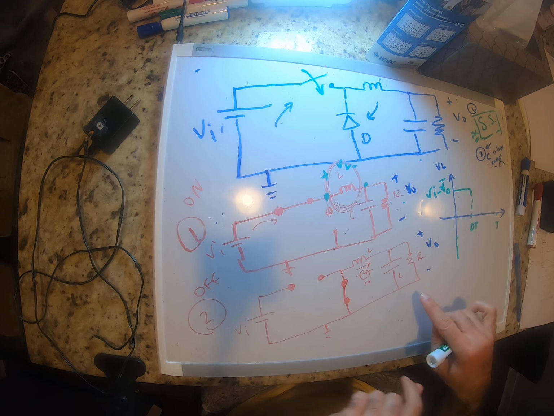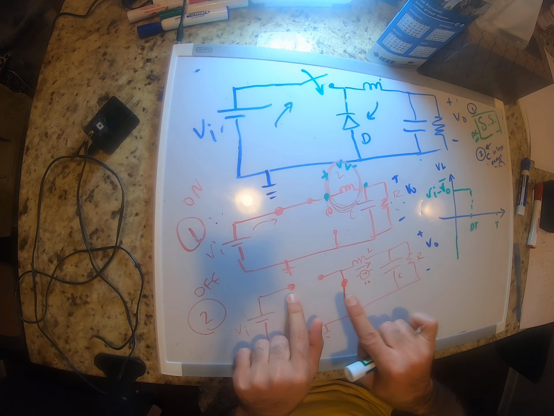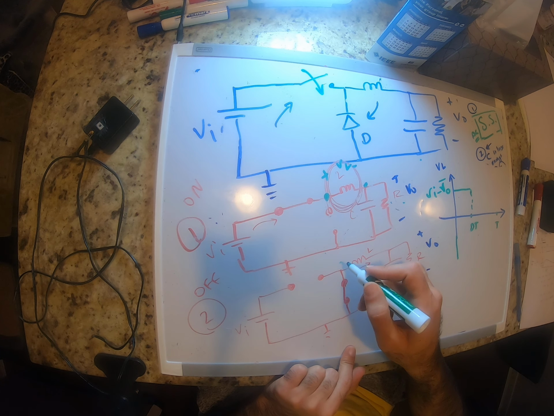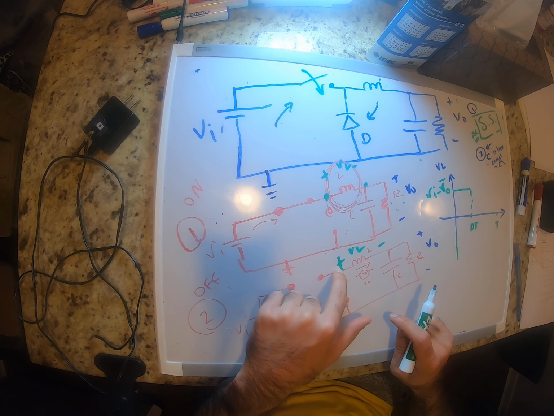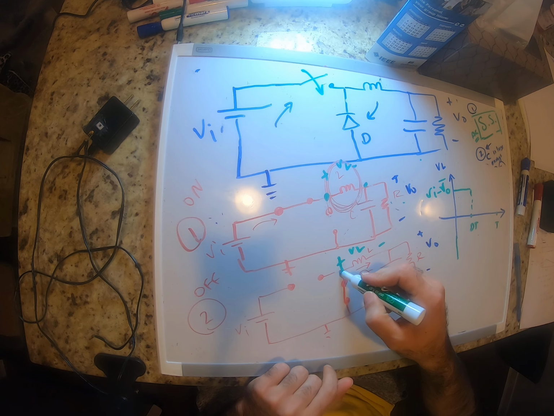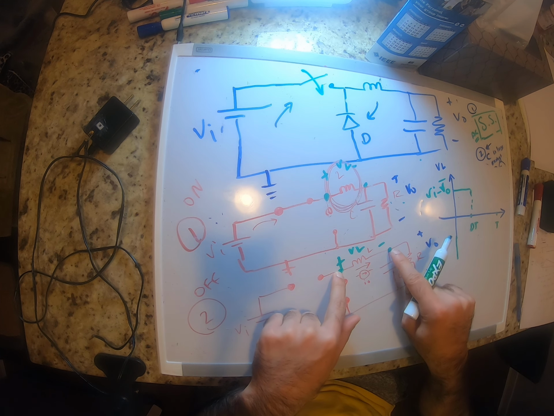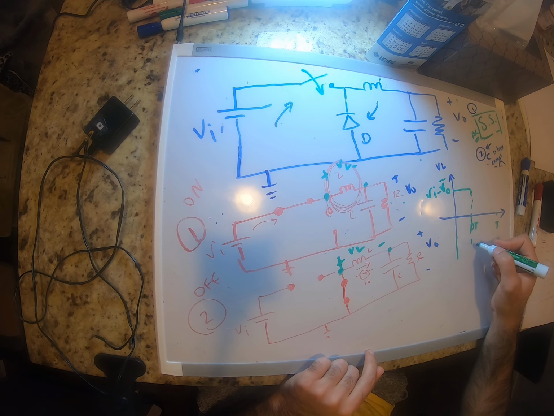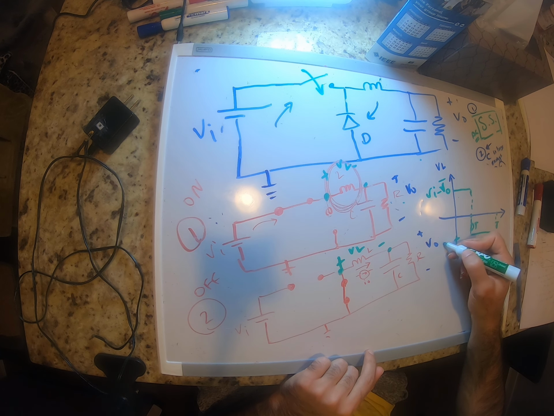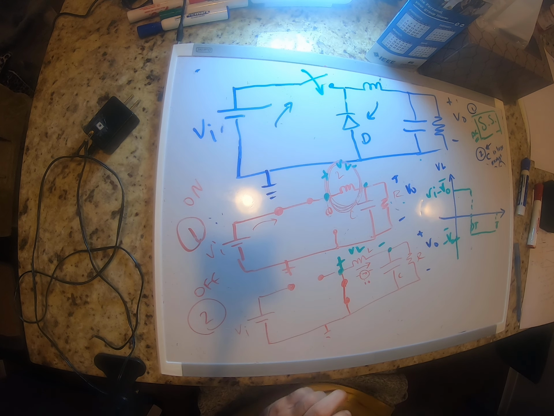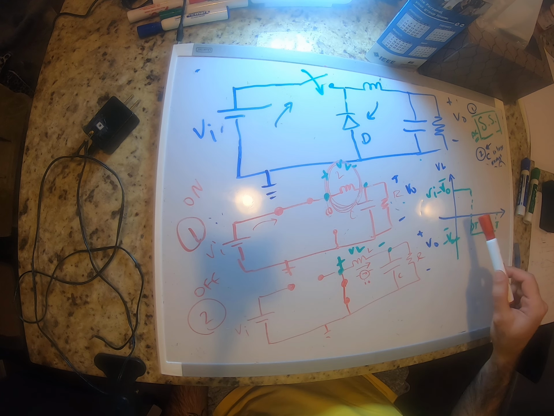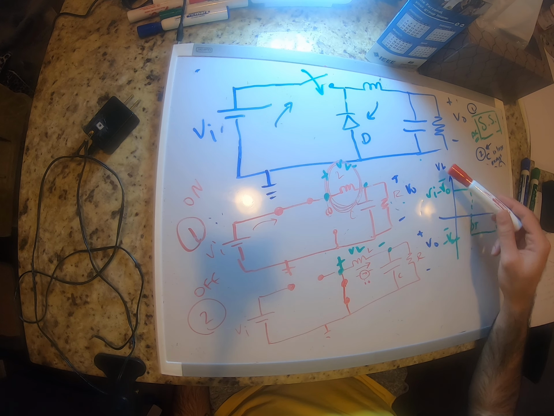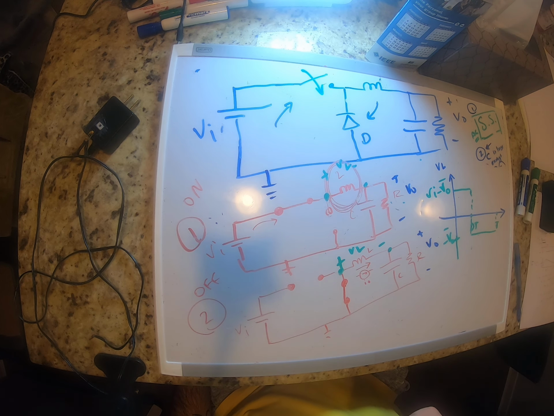When the switch is open, the voltage across the inductor, you can see that at this point this is 0, at this point this is VO. So 0 minus VO becomes negative VO. Again, I'm going to write average. So this is what we have for the voltage across the inductor.